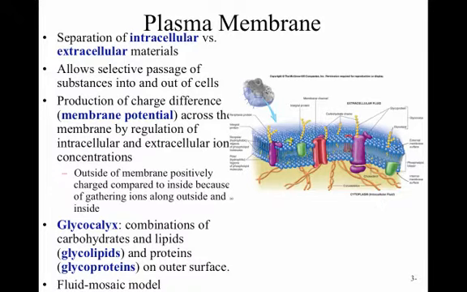And this model, or the structure with the proteins floating around in the membrane, is called the fluid mosaic model because the membrane is very fluid. Those proteins can move throughout the membrane, but they cannot flip.